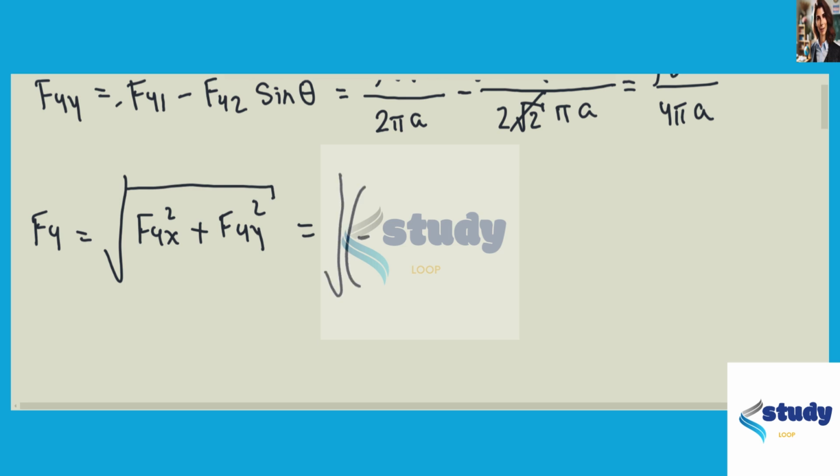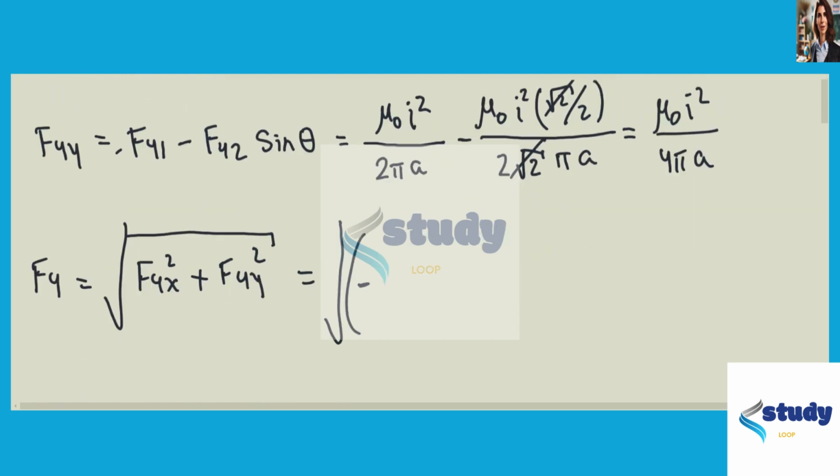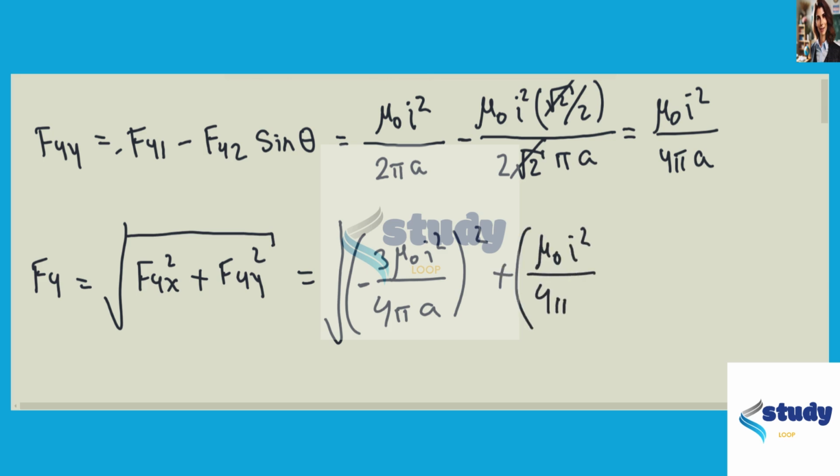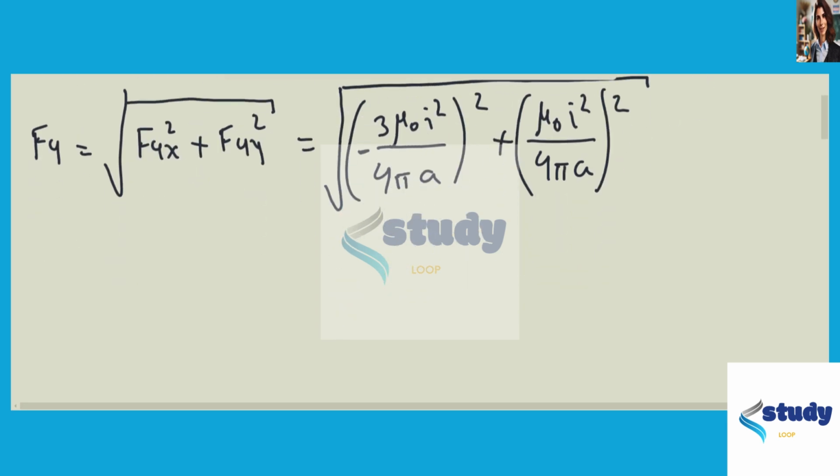So for the x component we have minus 3, this squared, plus the y component. So we simply need to sum what is inside. So in here, if we take the square root of what is inside, it is 9.